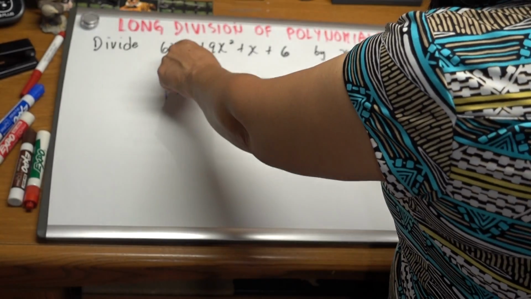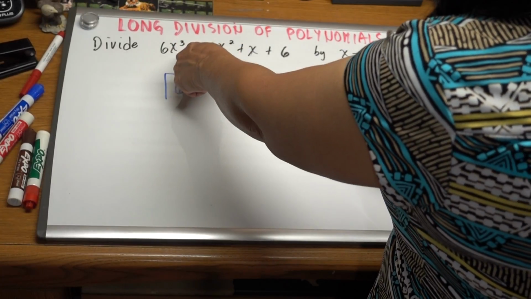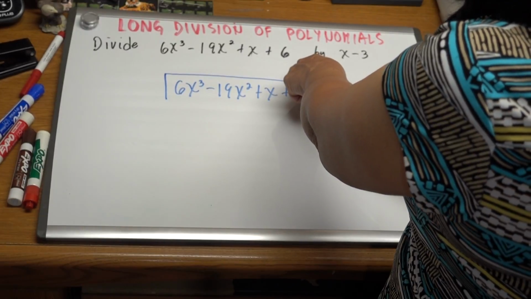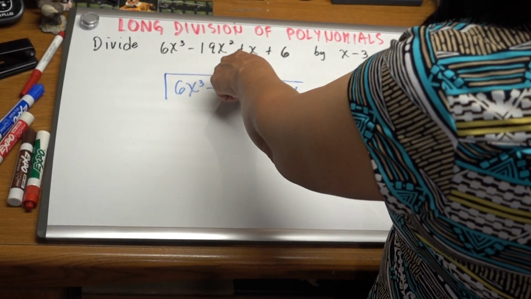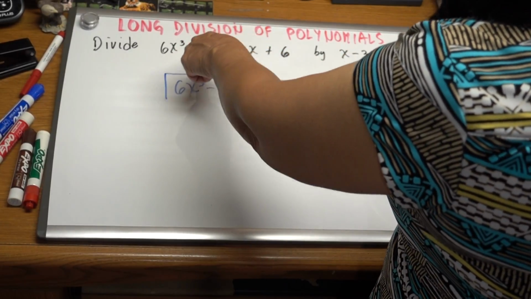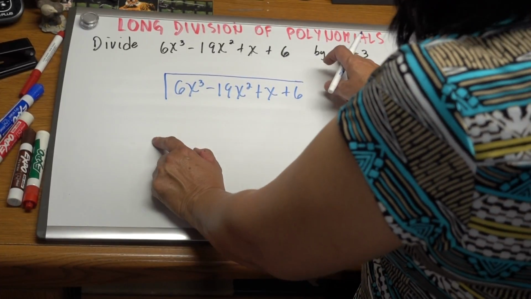In order to start this process, this has to be in descending order, which it is already: x cubed, x squared, x and the constant. And in case you're missing one term, let's say for example you don't have x squared, you have 6x cubed and then plus x, you have to insert 0 and put 0x squared right here. Okay, so this is x minus 3.